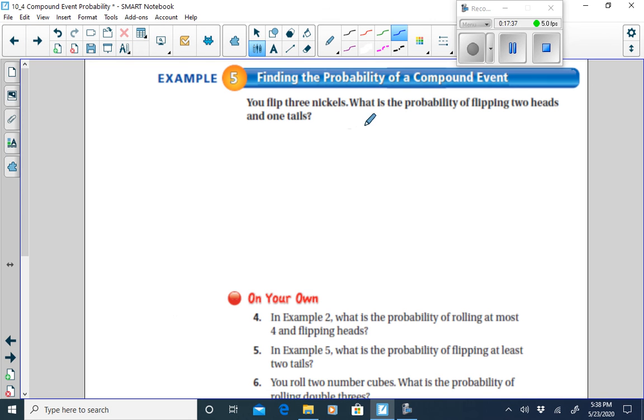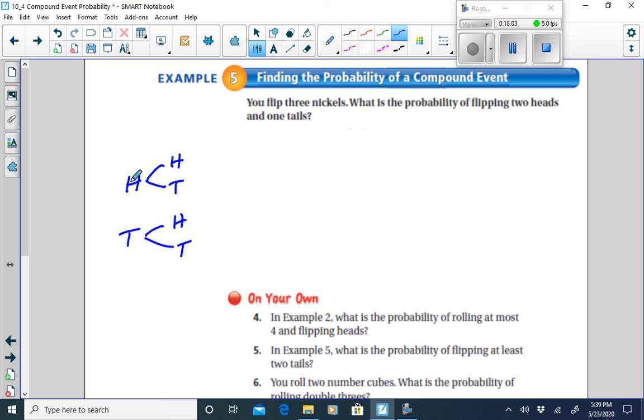You flip 3 nickels. What's the probability of flipping 2 heads and 1 tail? Let's see. Well, coin flip number 1, you could flip a head or tails with the first coin. If that first coin lands on heads, that second coin could be heads or tails. If that first coin lands on tails, that second coin could be heads or tails.